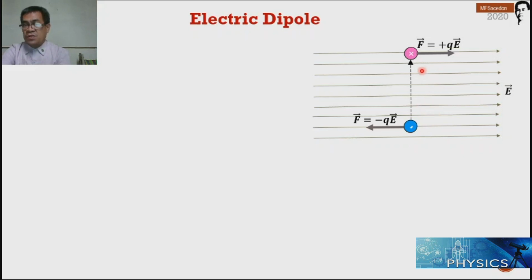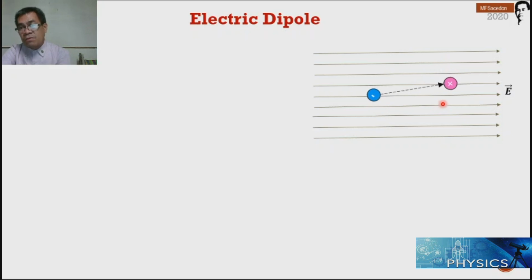Therefore, this dipole will tend to move in that direction and it will rest in the electric field direction, which means that this is the stationary state of the dipole in the presence of the electric field. In this case, the angle between the electric field and the dipole moment is 0, so this will tend to be at rest.